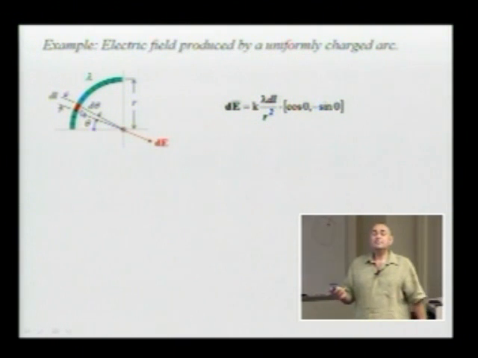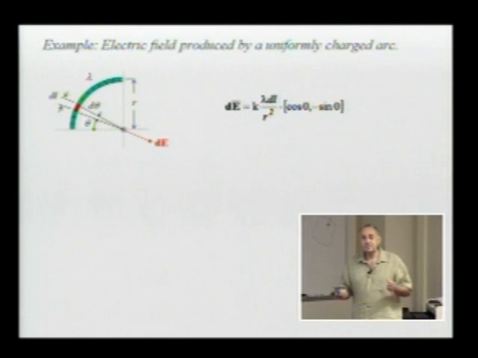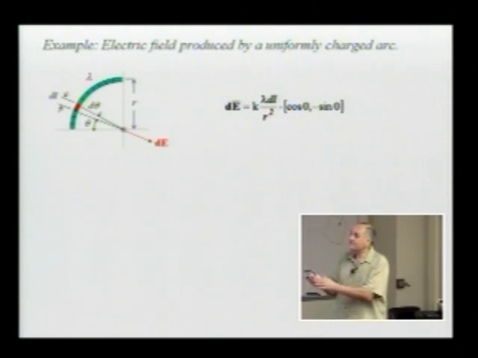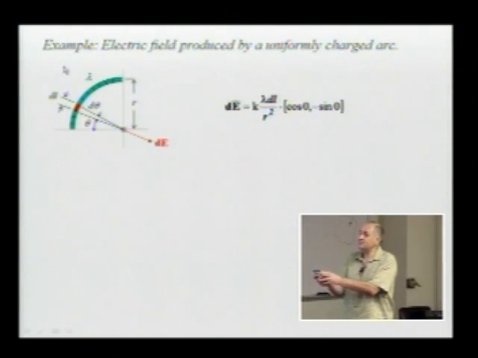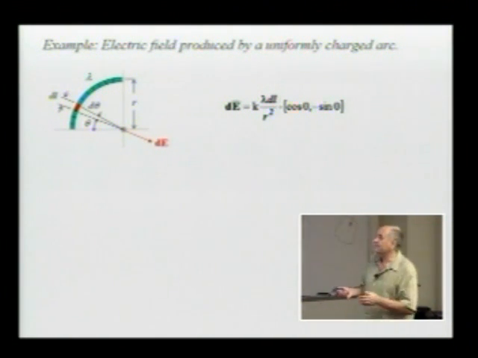Now, that differential segment, strictly speaking, is not a particle. It already contains a lot of particles. However, if this piece is sufficiently small, I can consider it to be a particle. So really, over here, this lambda dl is the charge of that segment which we consider like a particle.